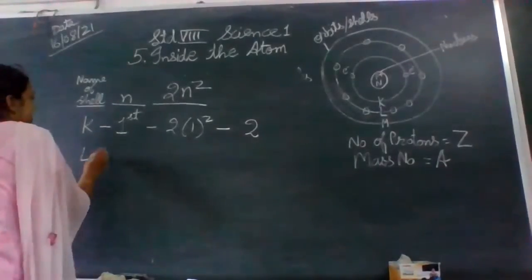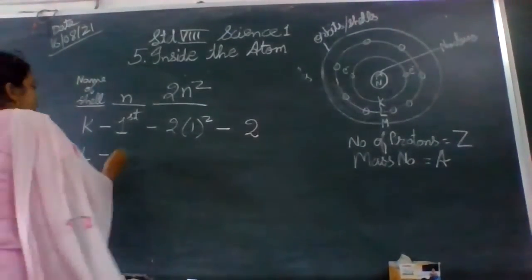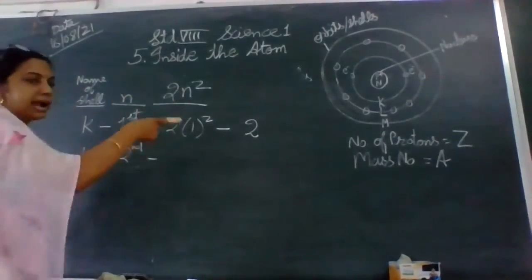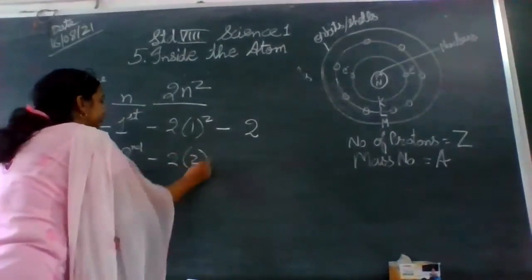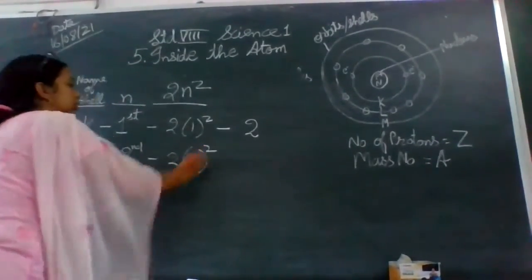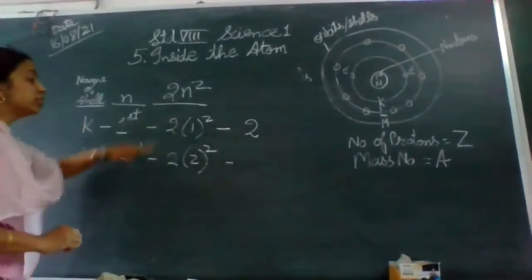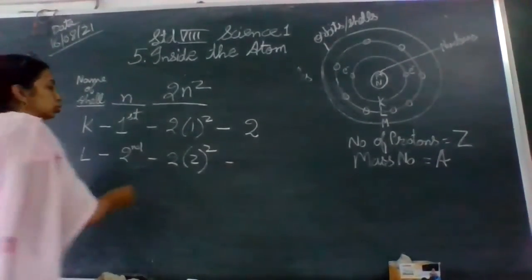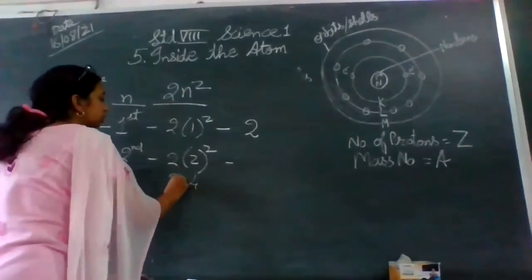For the L shell, you can note down this chart. The L shell is the second shell of your atom. When we put the number 2 in this formula for n, how much do we get? 2 times 4.